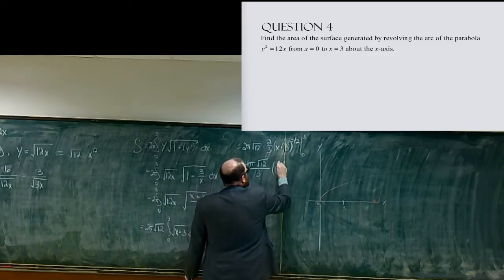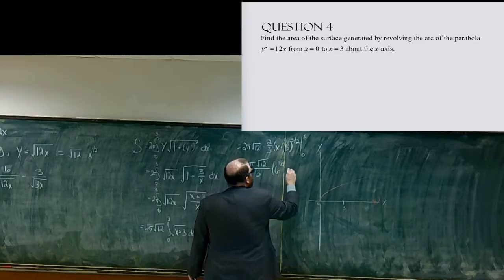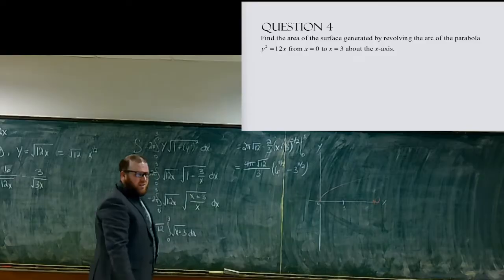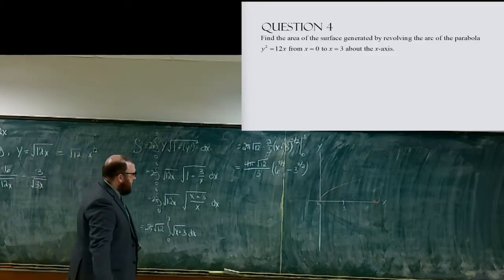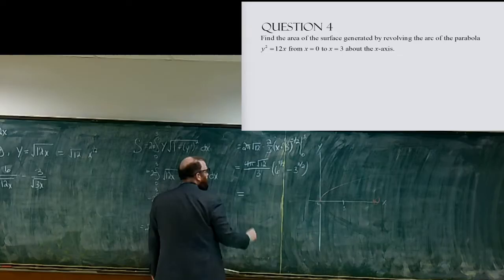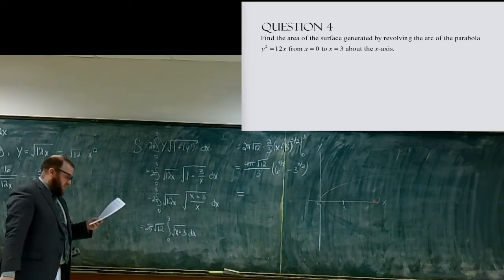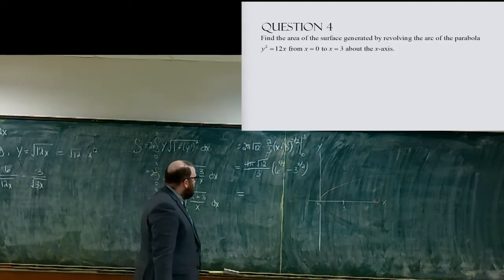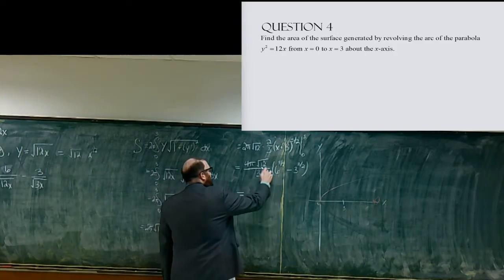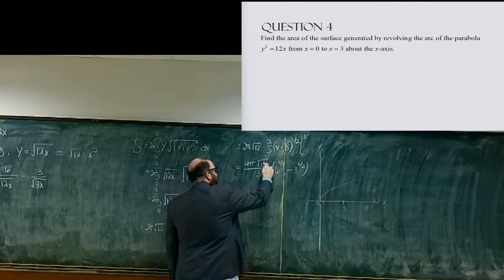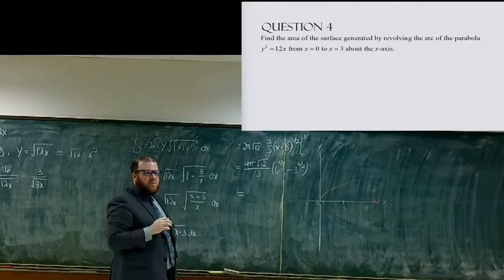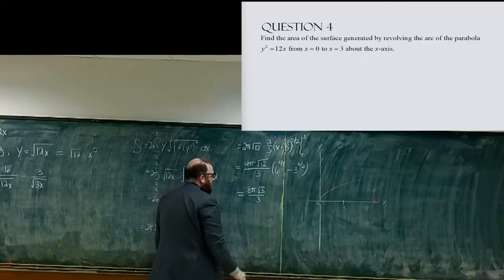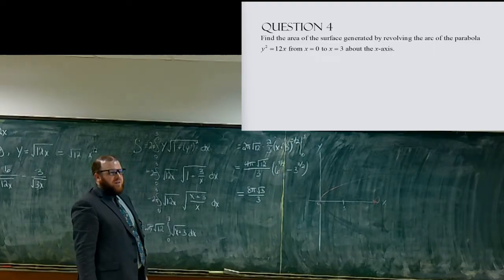At 3, we get what? 6 to the 3 halves, minus, at 0, 3 to the 3 halves? So I can simplify this, right, as 2 root 3 times pi root 3 over 3.